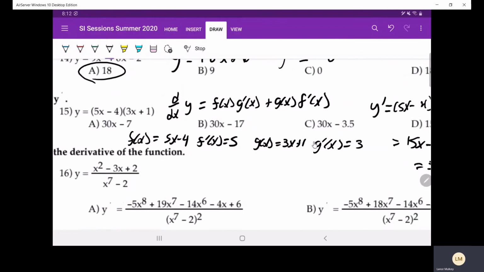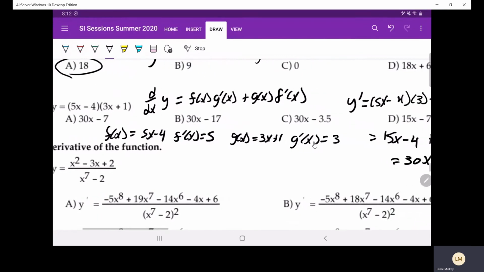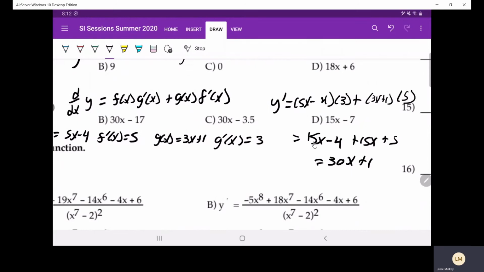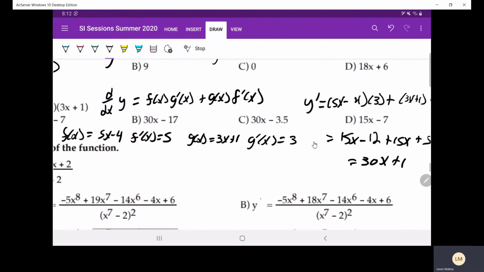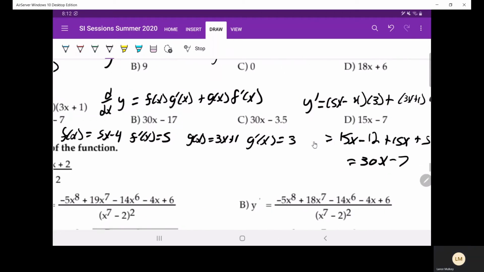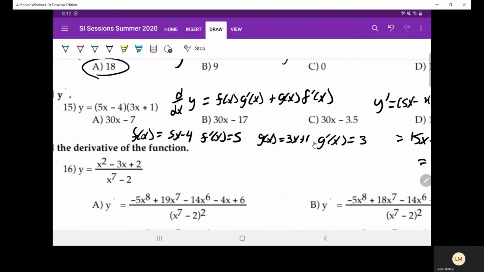Oh, I messed up somewhere. I got my sign wrong. Oh, 3 times 4, I didn't distribute properly. 15x minus 12. So that's 30x minus 7. See, we all make mistakes. So your correct answer here is A.